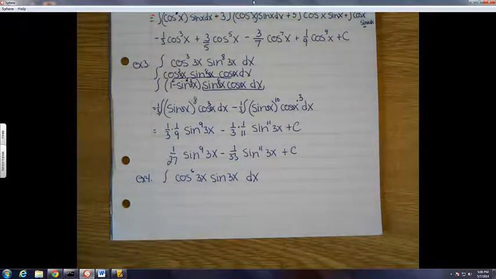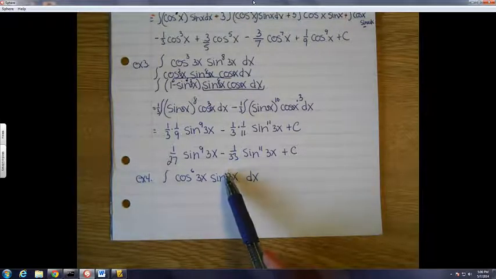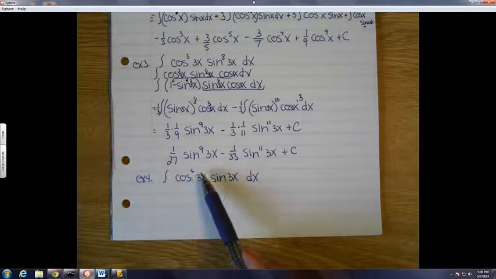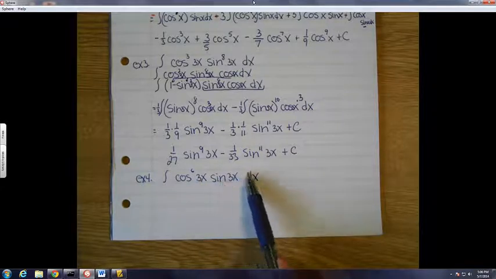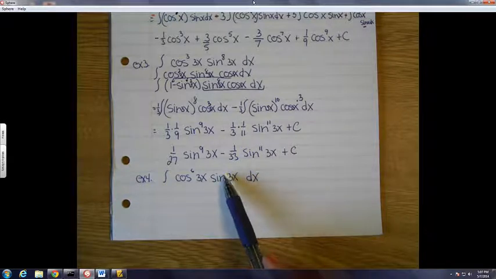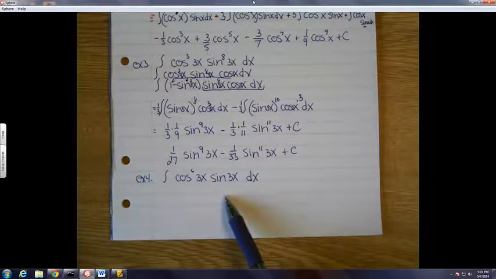The trick on this one is to realize this is an odd exponent, but it's to the first power. So if I look over here, I've got cosine to the 6th. I know cosine's derivative is sine. If I just slide this over, or think of it as an odd exponent, take the 1 that you have, slide it over, there's no sines left to work with to do a power of 2.